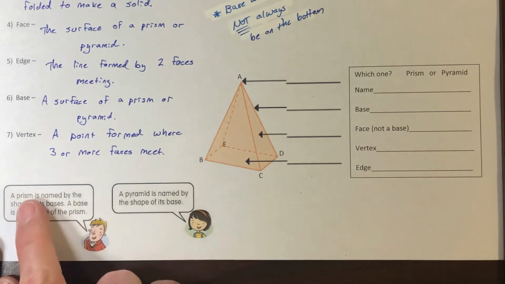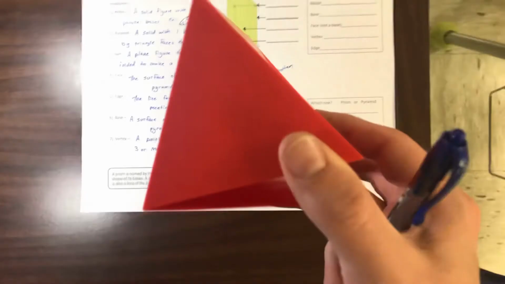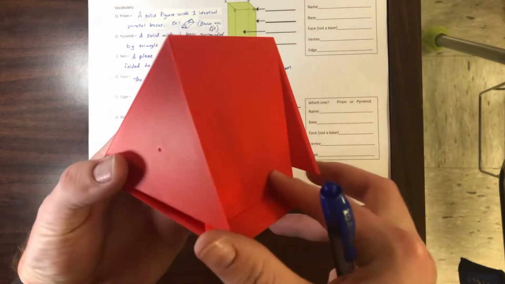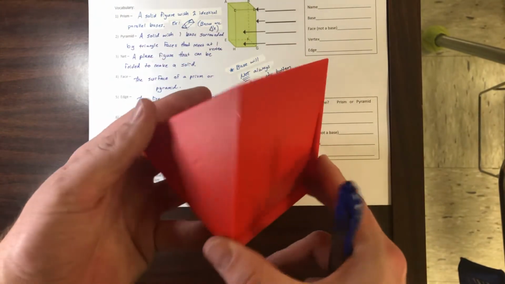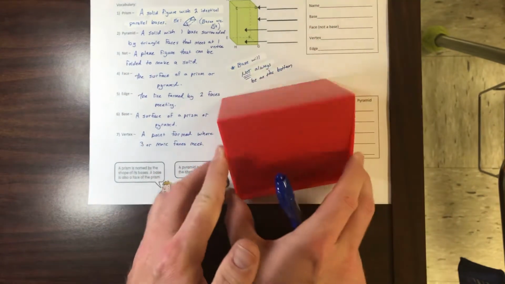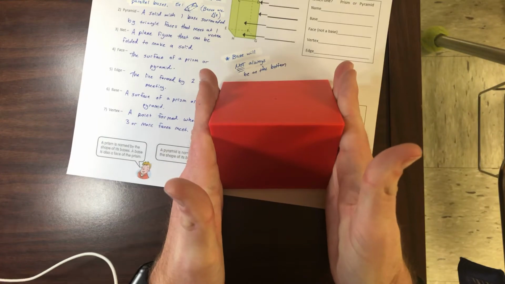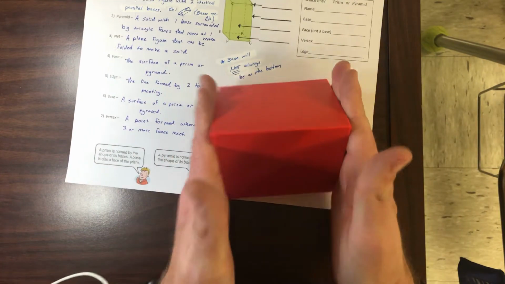So a prism's name is based solely on the shape of its base. A couple examples. This is a triangular prism. Why? Because the triangles are the bases. Why are the triangles the bases? Because there's two of them and they're parallel to each other. That's what makes them the bases.